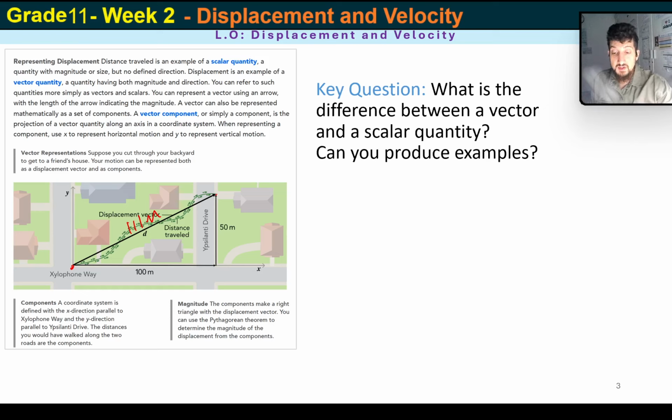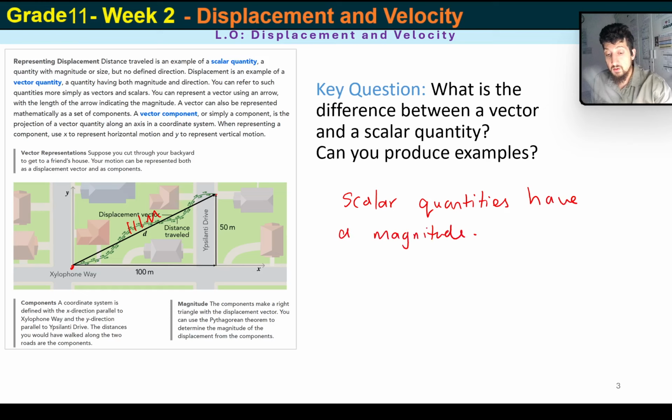So what is the difference between a vector and a scalar quantity? In short, scalar quantities have a magnitude, whereas vector quantities have both magnitude and direction.